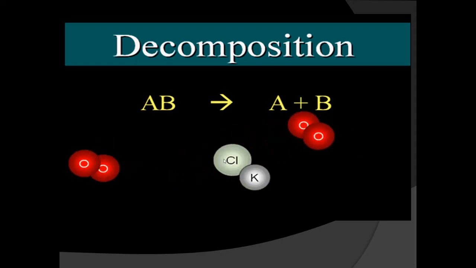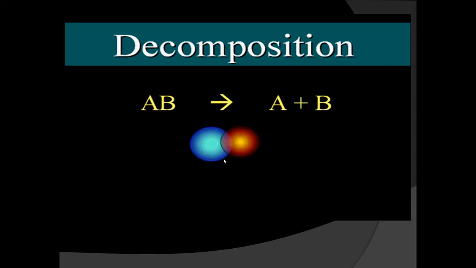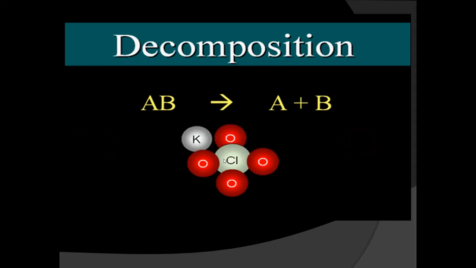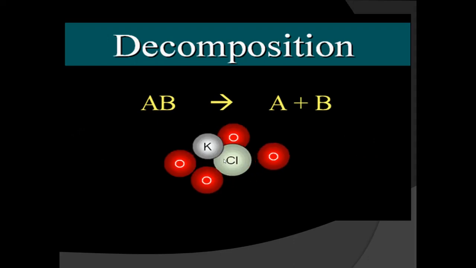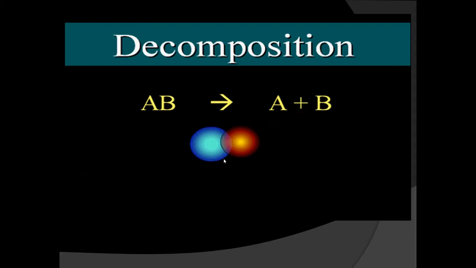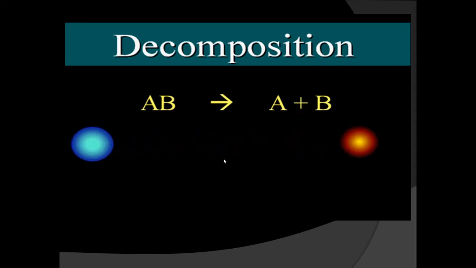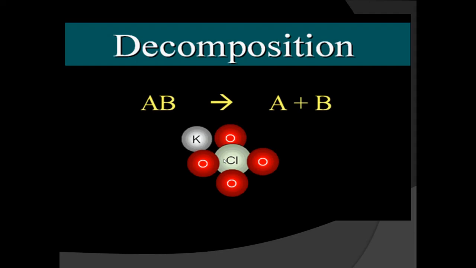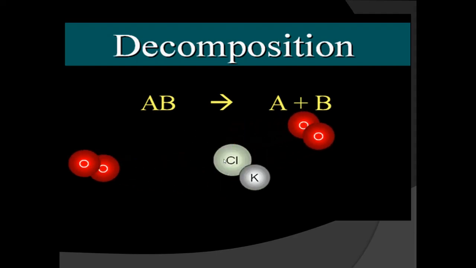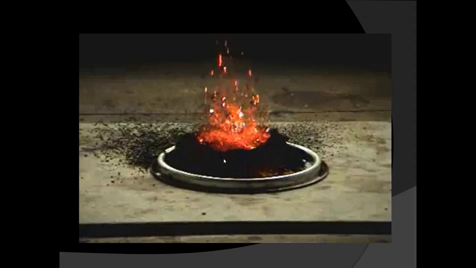So potassium chlorate undergoes decomposition, and it gives rise to potassium chloride and oxygen. So here a single reactant is giving rise to 2 different products. So this is again an example for decomposition reaction. Let us learn more with a few more examples.